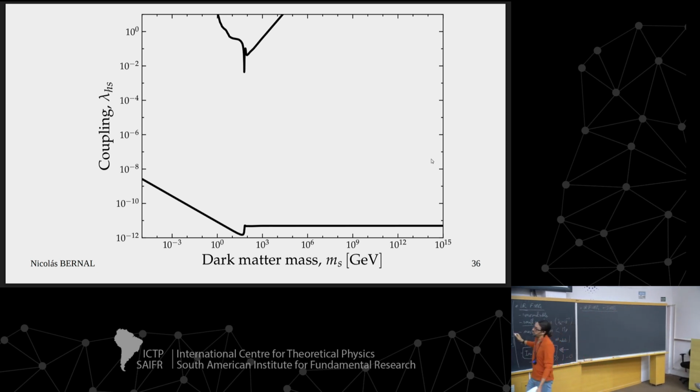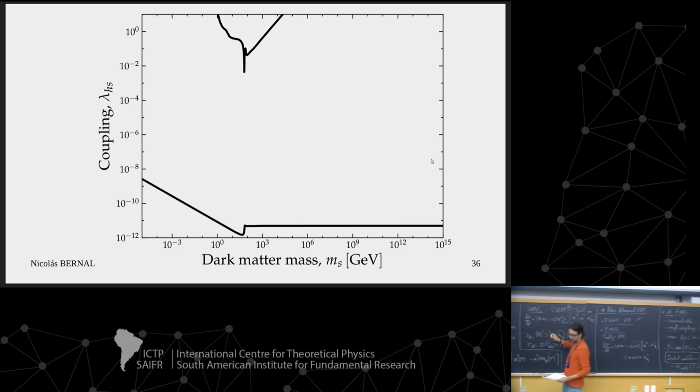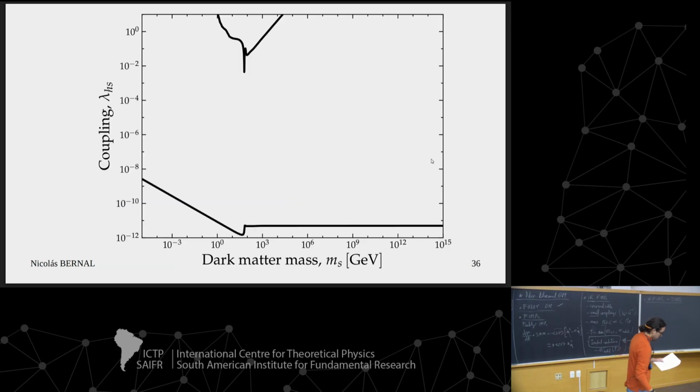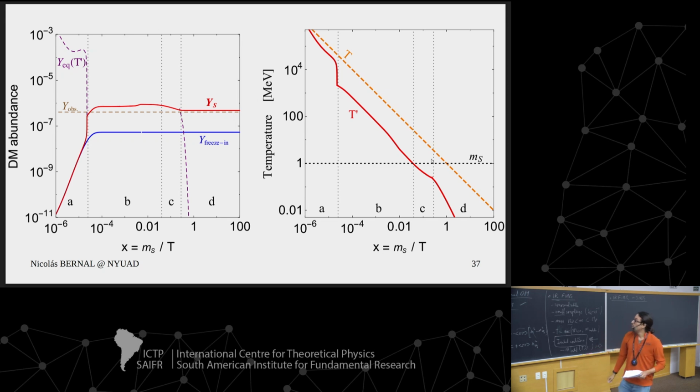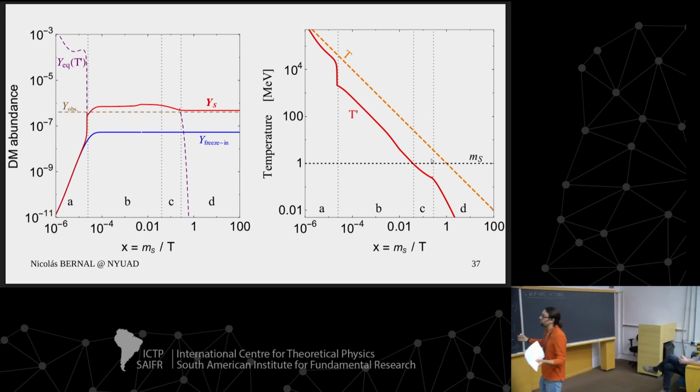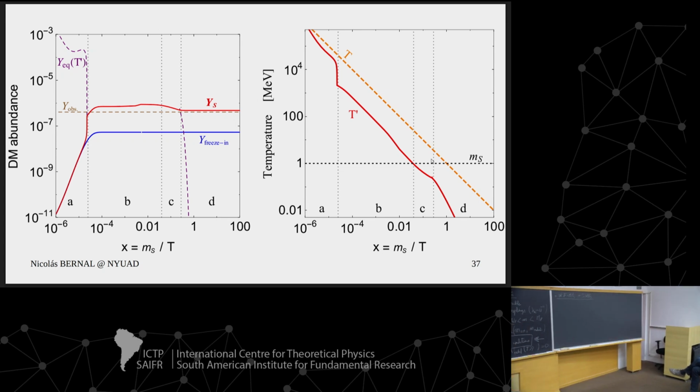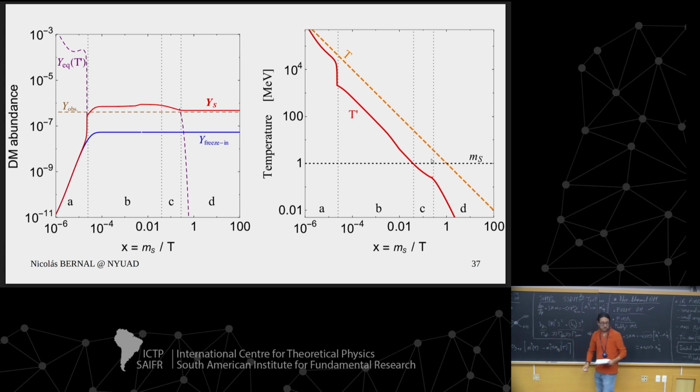I'm doing this because it's possible to do it in the same model. So we have the model, we understand the model well. Remember, we have the quartic couplings, and we have the Higgs portal.